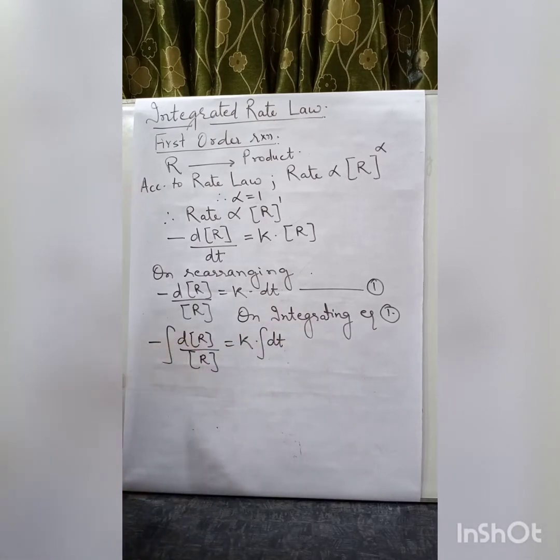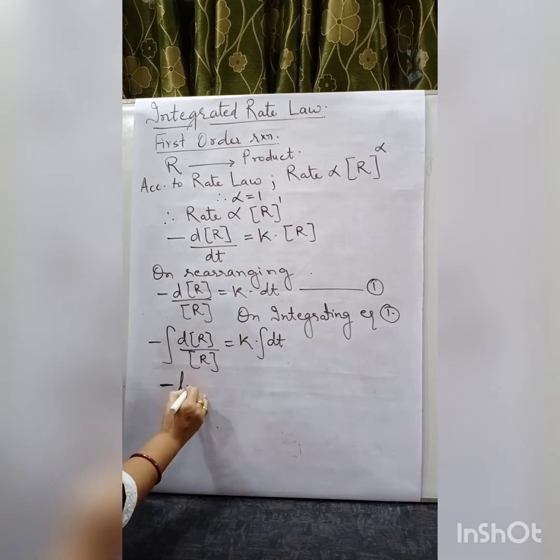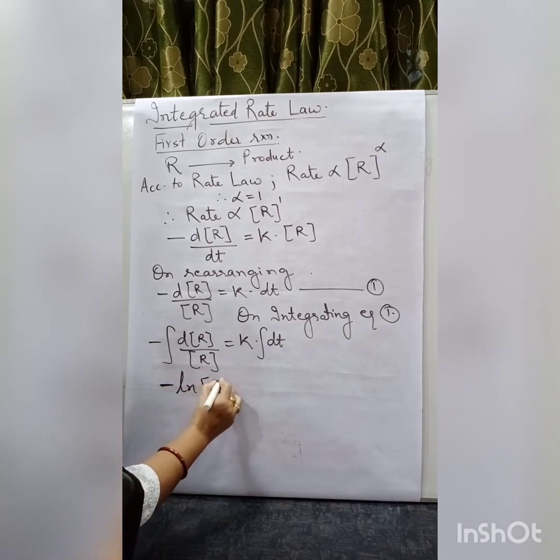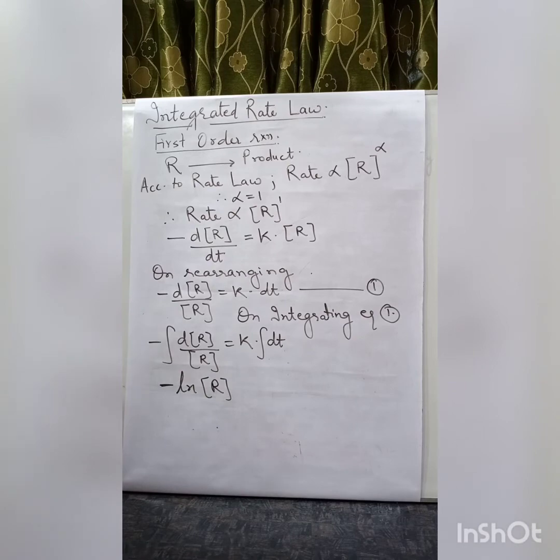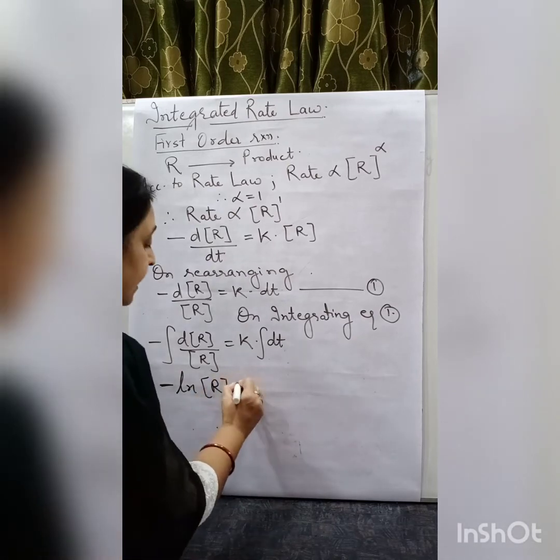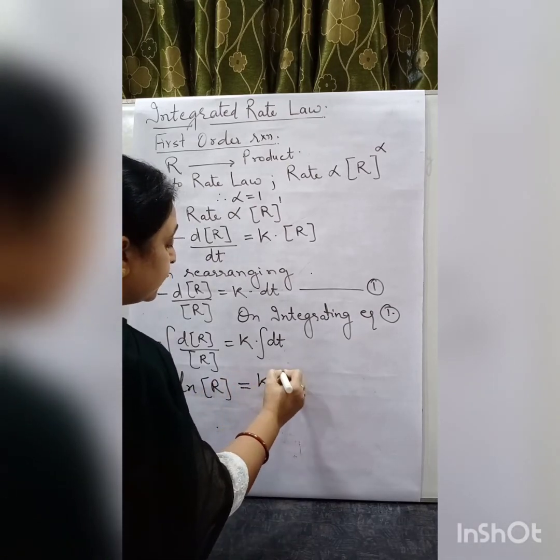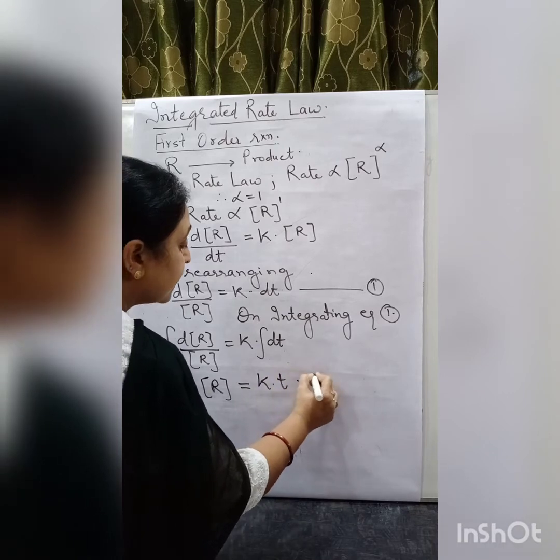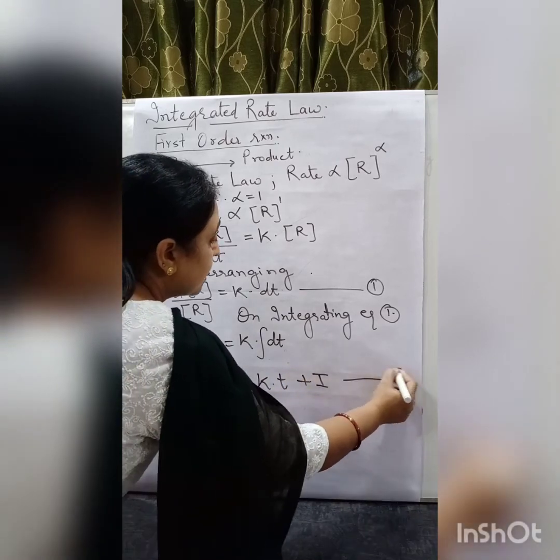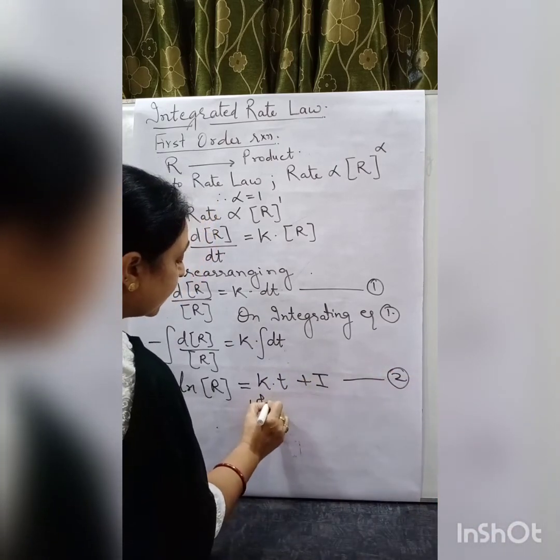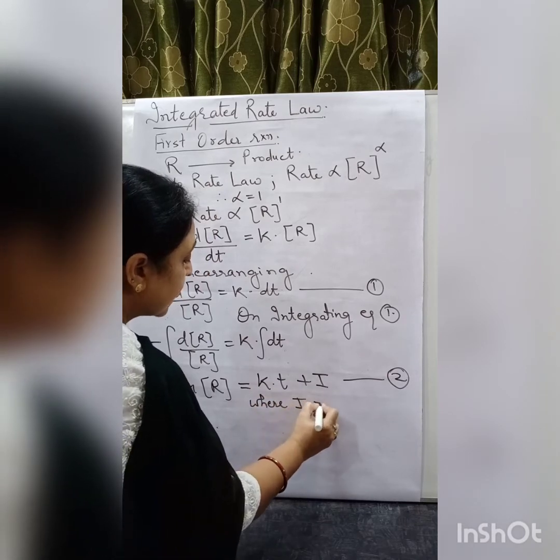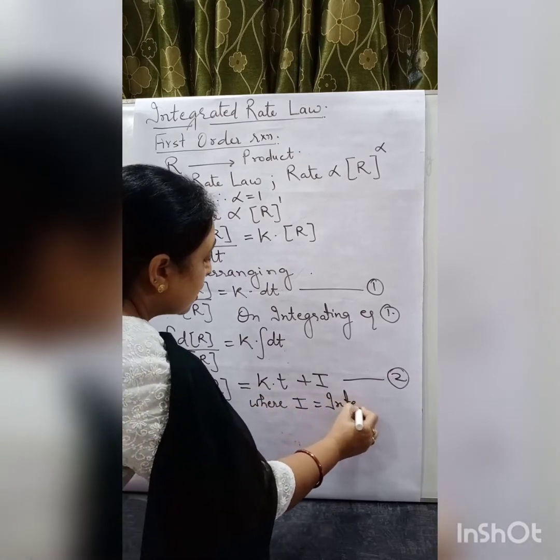When you integrate this, minus sign is already there, we get ln R. ln stands for log of integration, is equal to k into t plus I. Equation number 2, where I is what? I is integration constant.